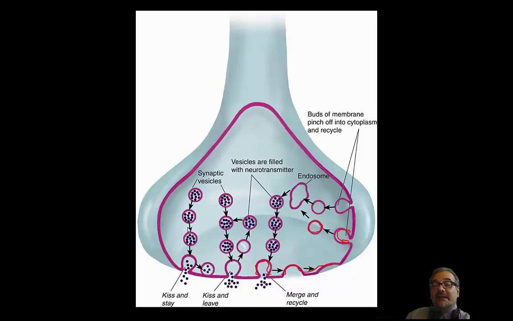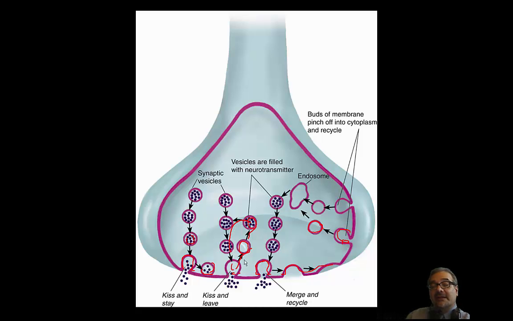There is the kiss and stay, where the vesicle actually does fuse, but then closes up again and stays around for the next action potential to allow it to open and release more of the neurotransmitter. And then there is the kiss and leave, where the vesicle releases its neurotransmitter and then leaves and gets recycled, filled up with a neurotransmitter again, and recycled through the process again.